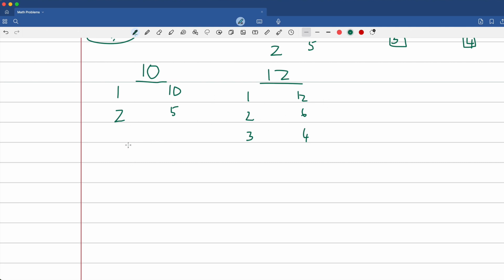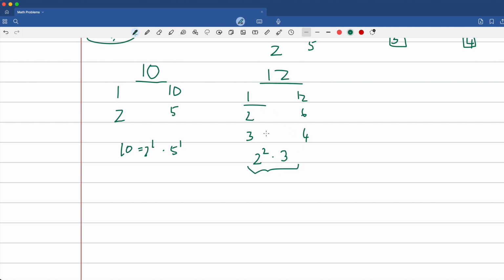So for instance, 10 has 2 prime factors. It's 2 to the power 1 times 5 to the power 1. And 12 is 2 square times 3, the prime factors. So if I have the prime factors, then I can essentially write every single factor as some function of this.